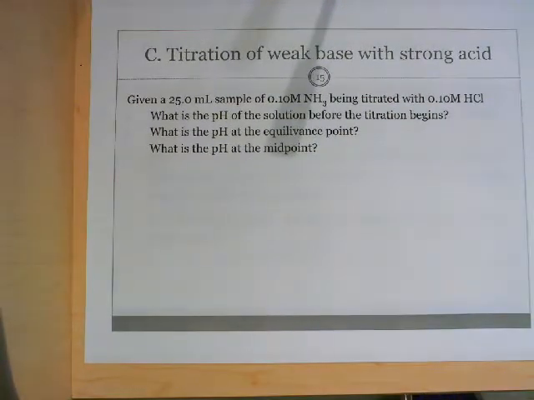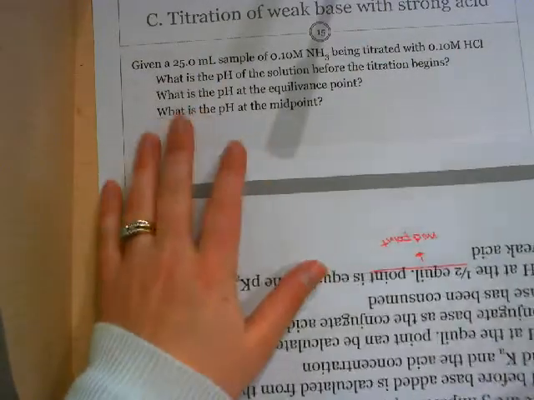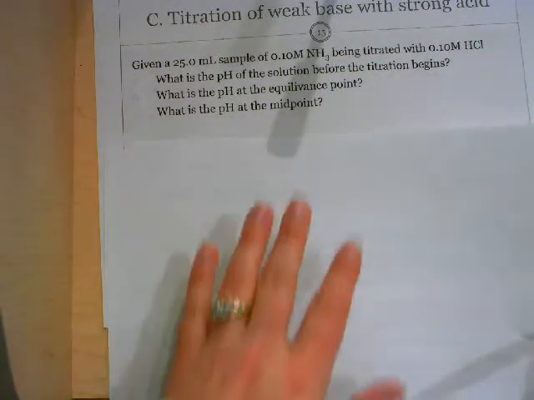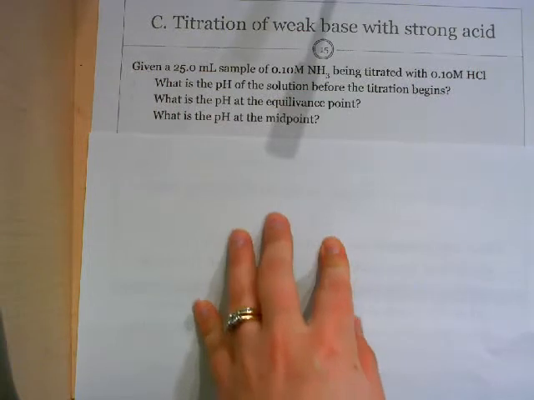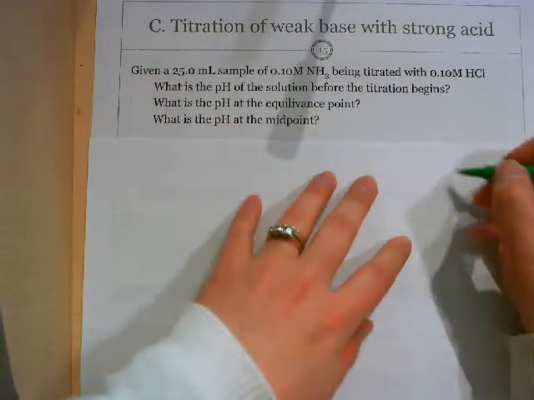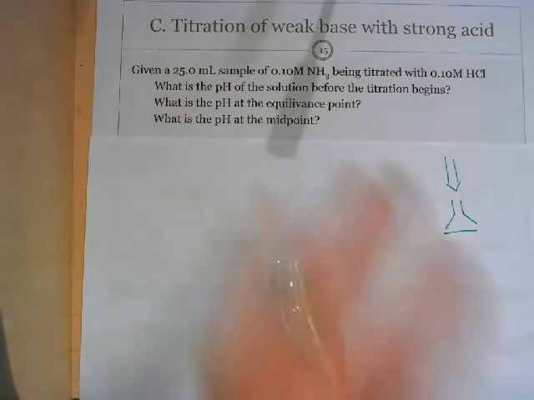Alright, let's say I have a 25 milliliter sample of 0.1 molar NH3, and it's being titrated with 0.1 molar HCl. Before we even get started, I want to draw a picture of what's going on so you can keep track of what is where.